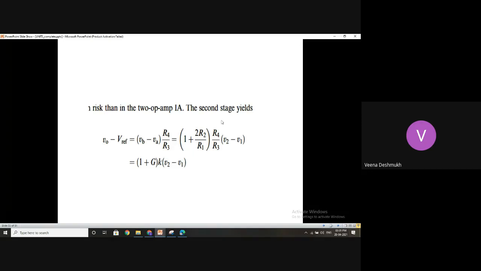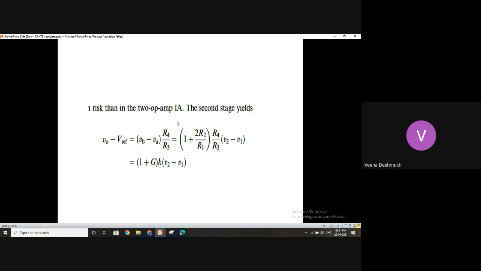So naturally the amplification is very, very high. Plus the difference voltage V2 minus V1, with suppressed noises, gets amplified by this particular factor. So here the gain is increased multiple times.